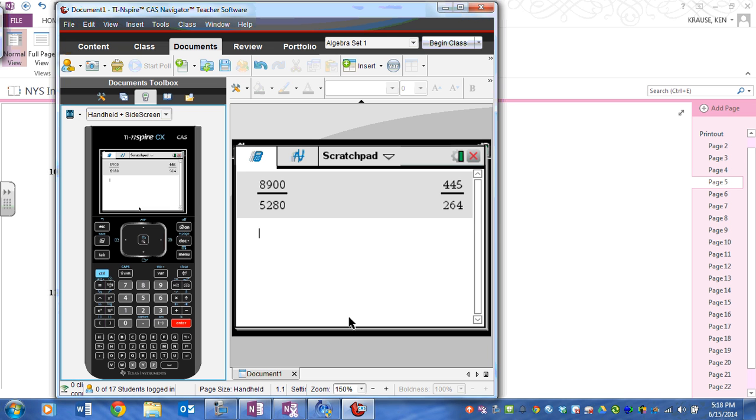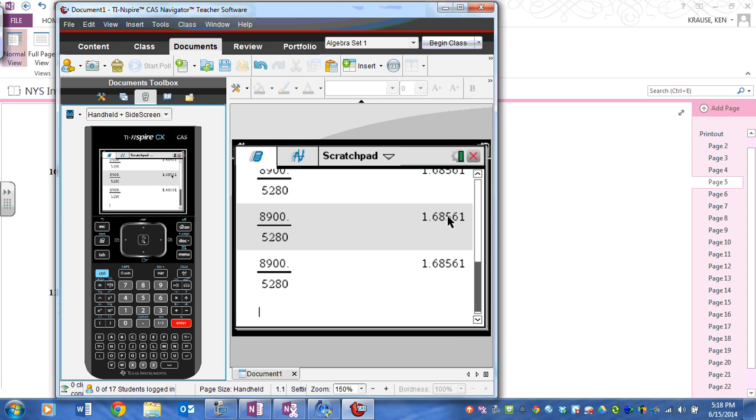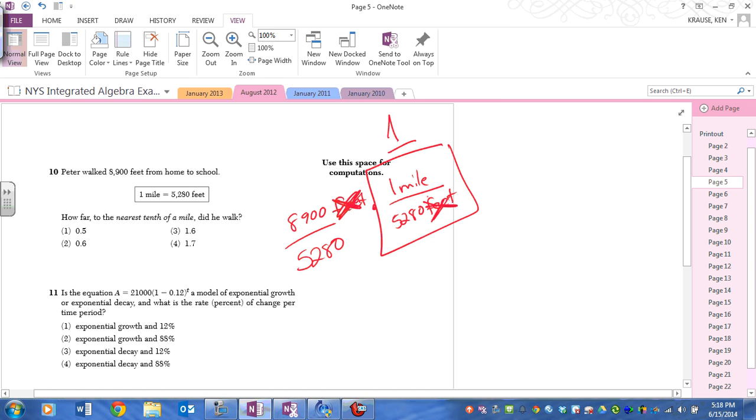Now remember, if it gives you a fraction like this, the way to get rid of it is hit the up arrow, re-enter that line, and just put a decimal point again. And hit enter, and we're going to use a decimal. There we go. 1.685. So clearly that's just 1.7.